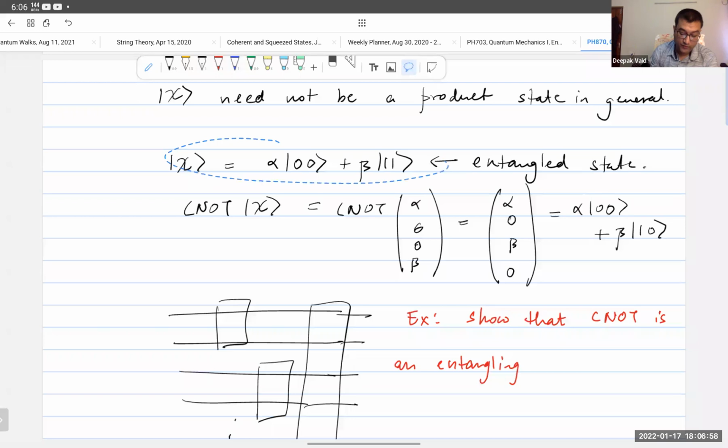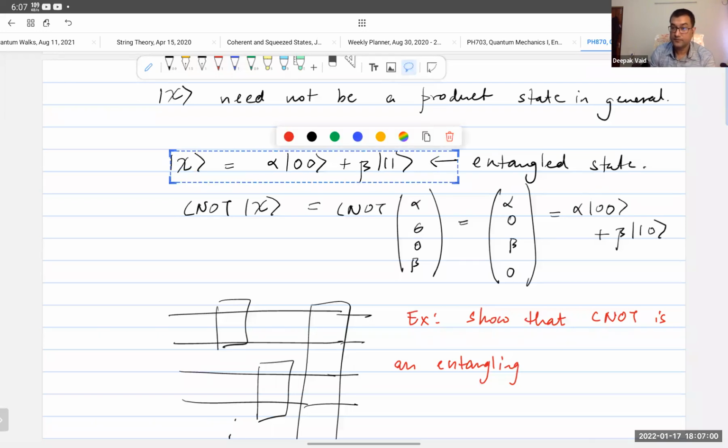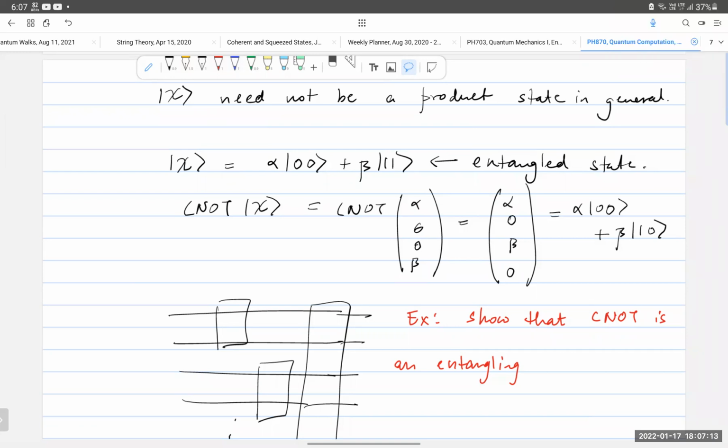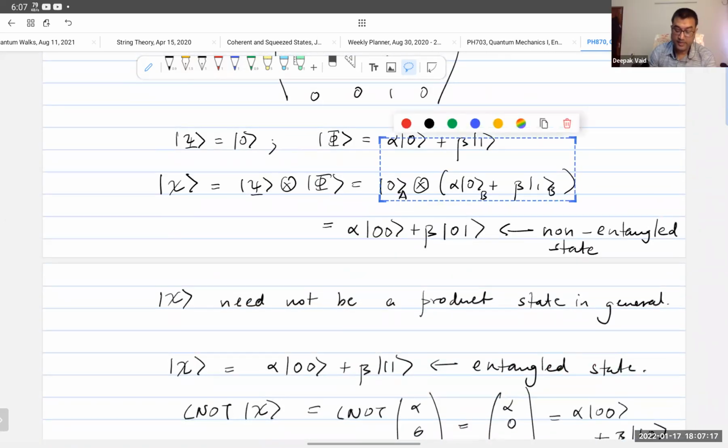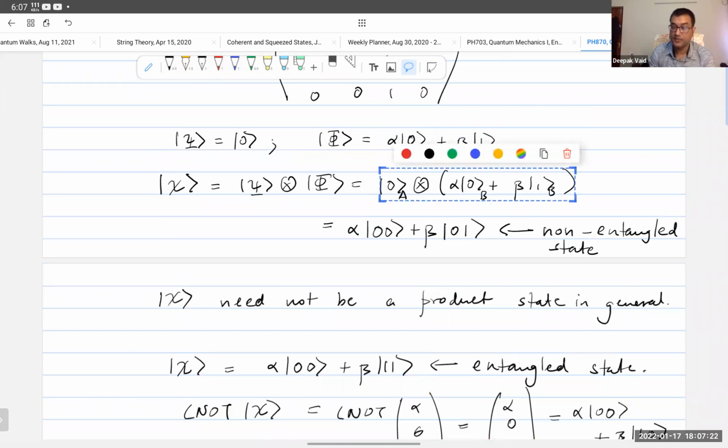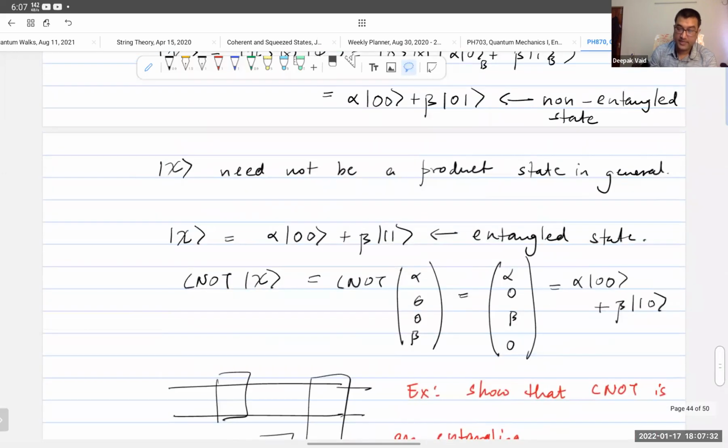If you look at a state like this, can you say that your psi is in the 0 state or the 1 state? No. In this example, you can say that the A qubit is in a 0 state. This is a product state. This is non-entangled. But this is an entangled state.